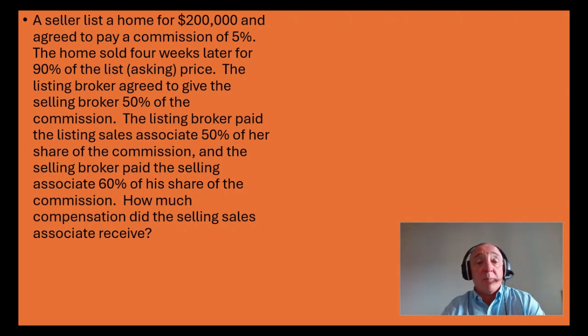The listing broker paid the listing sales associate 50% of her commission, and the selling broker paid the selling associate 60% of his share of the commission. How much commission did the selling sales associate receive? There are going to be layers to this one, so we're going to have multiple steps. Let's look at it.